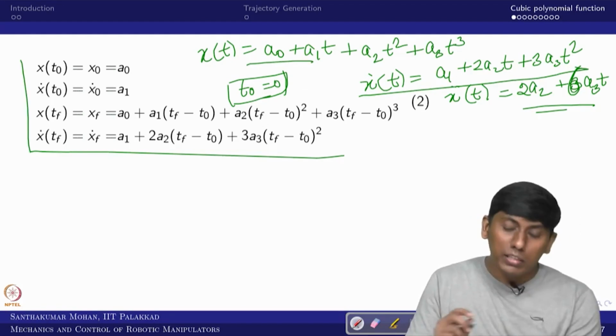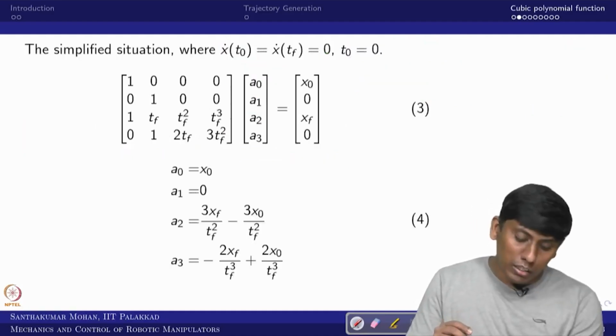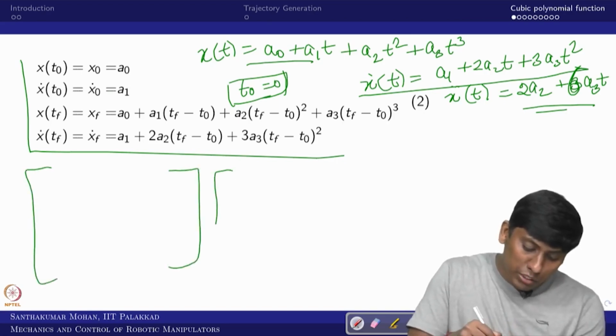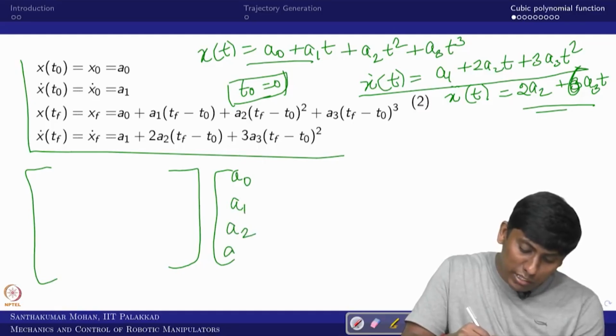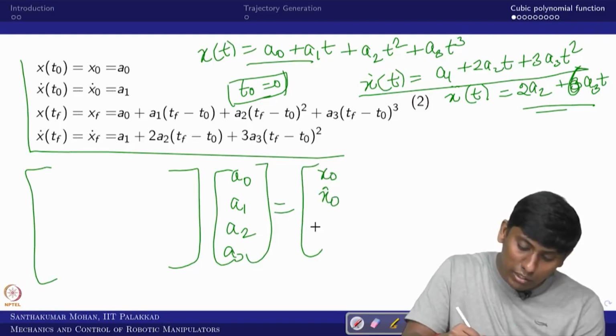Now for solving this, there are several ways. One of the easiest ways we can do is to rewrite this in a state space form. So we can write the unknowns a0, a1, a2, a3 on one side, and on the other side x0, x dot of 0, xf, and xf dot.